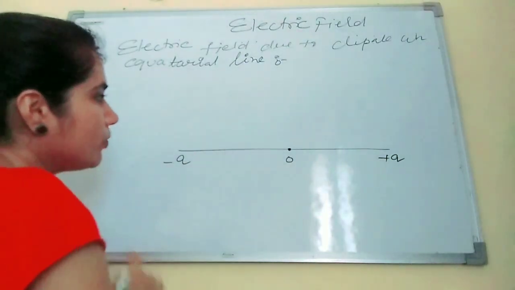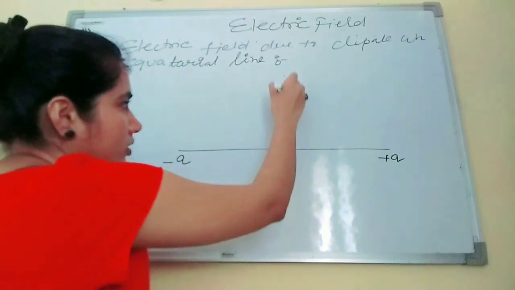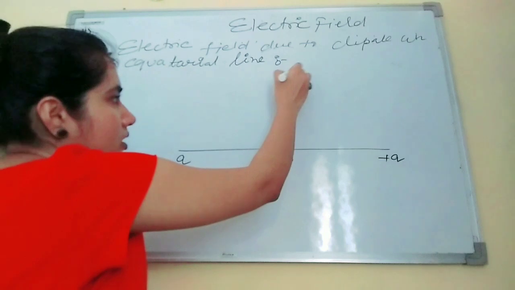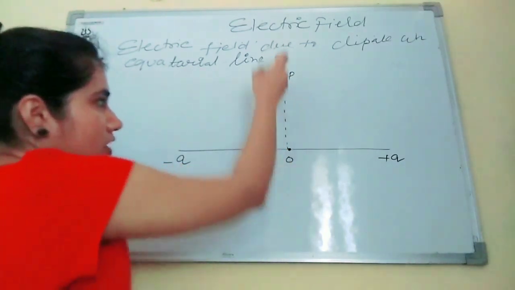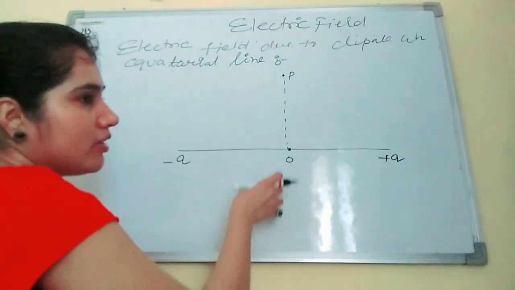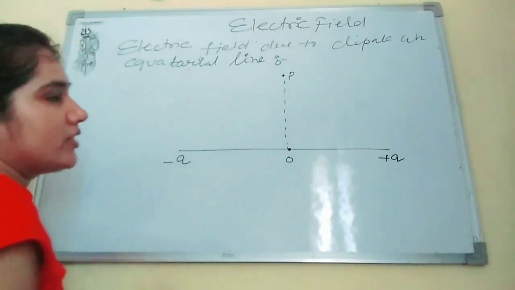We mark it O. From this center we draw a perpendicular like this, and that perpendicular drawn from the center is the equatorial line.